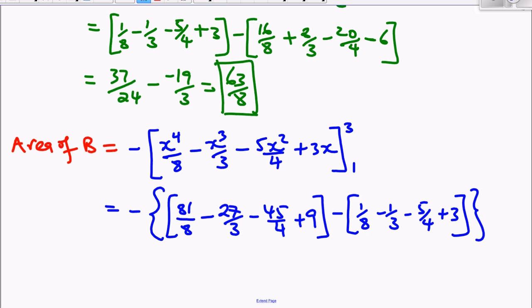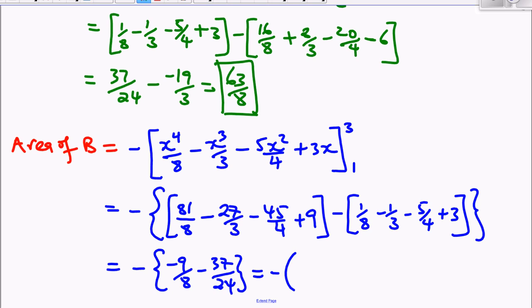Good. So which will give us negative 9 over 8 minus 37 over 24, which will give us negative 8 over 3, which will be 8 over 3. Okay, so that's the area of B.